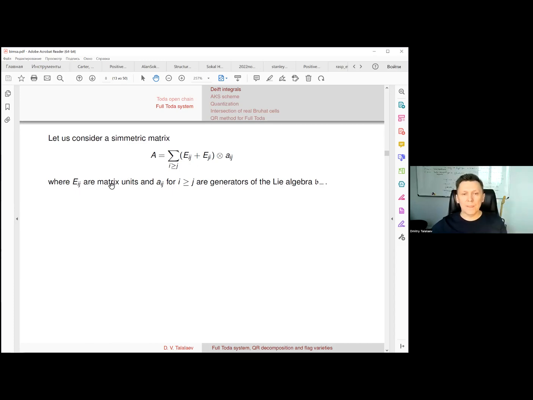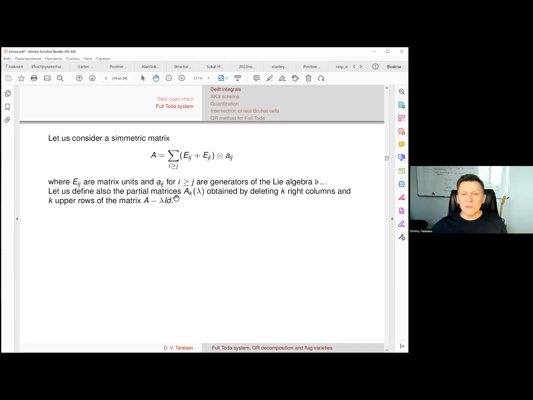e_ij are the matrix units. The elements a_ij I will associate with the generators of the Lie algebra b minus, the Lie algebra of Borel lower triangular matrices.